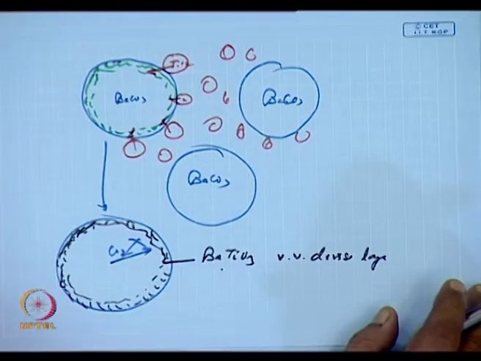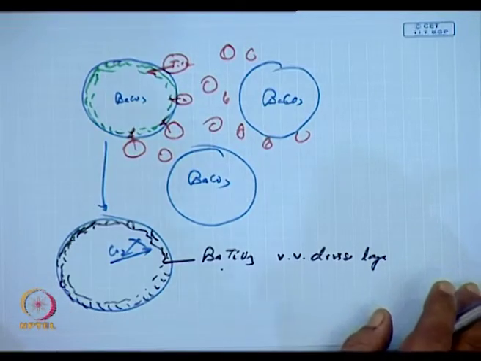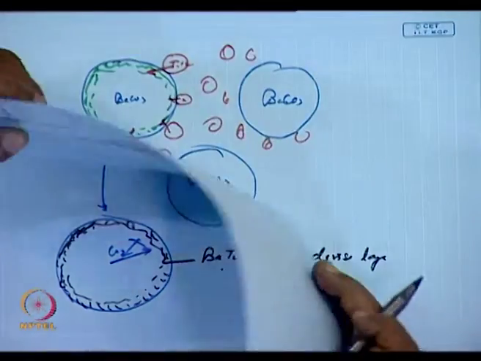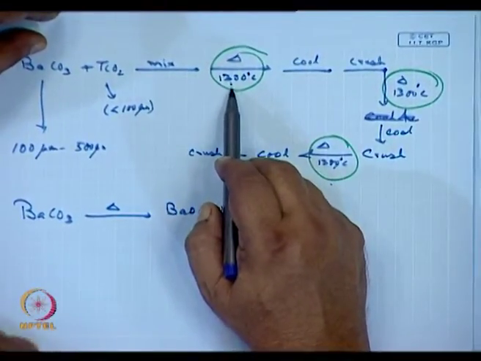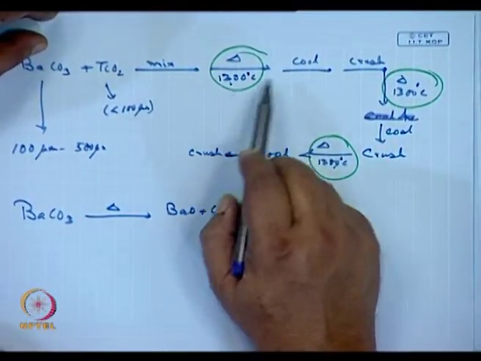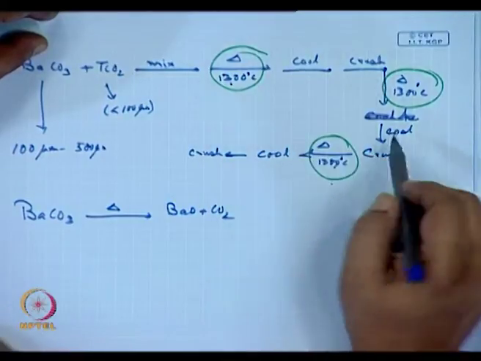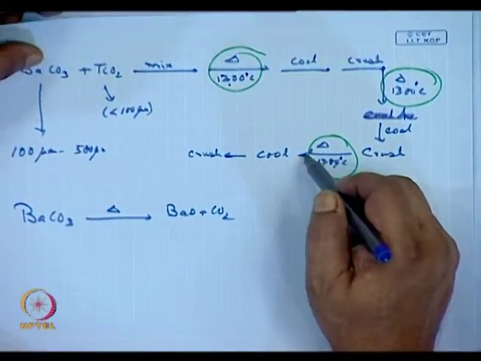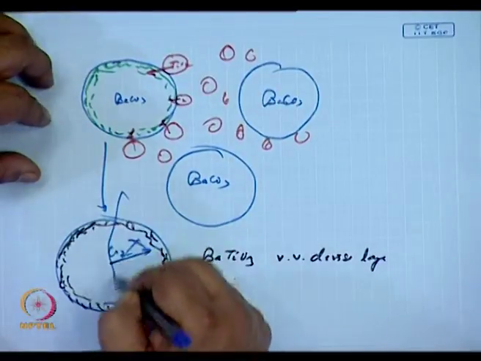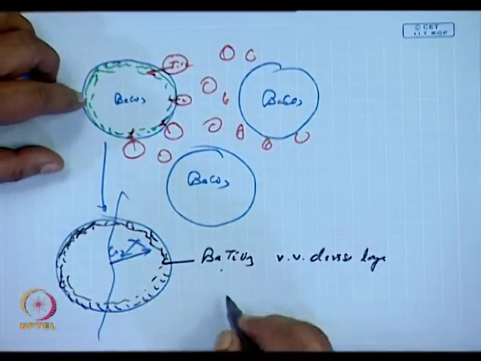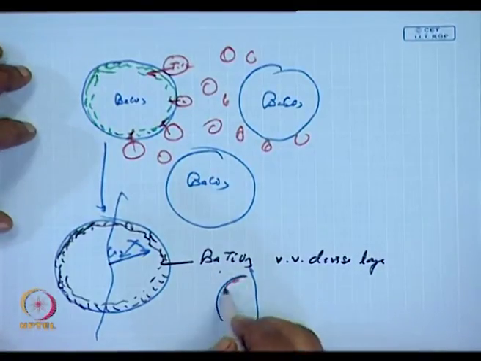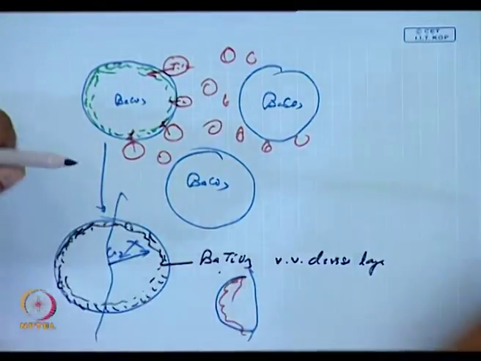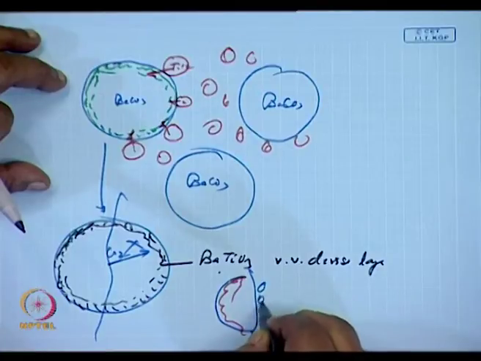It cannot happen. So, due to this reason, in the solid state reaction route, just like the Germans had to do, we have to repeat unit operations like heating, cooling, crushing, and again heating, cooling, crushing, so that we could crush these grains, expose fresh surfaces, which would react with the TiO2 all over again.